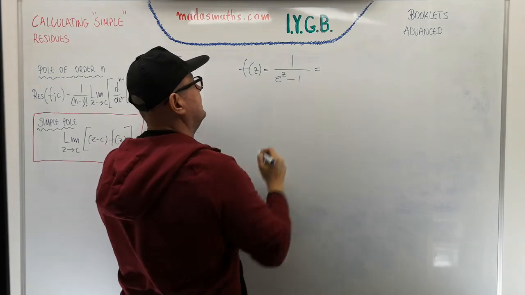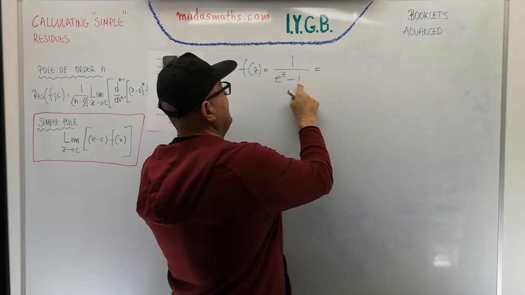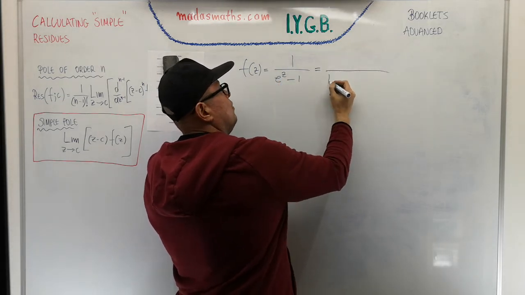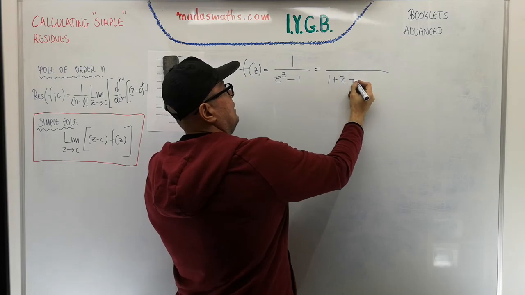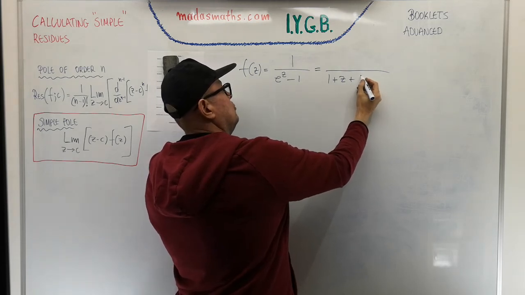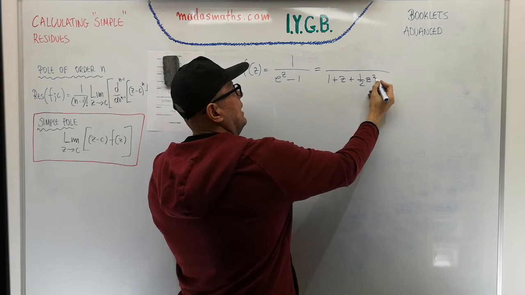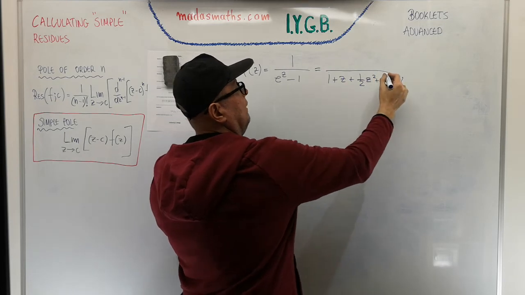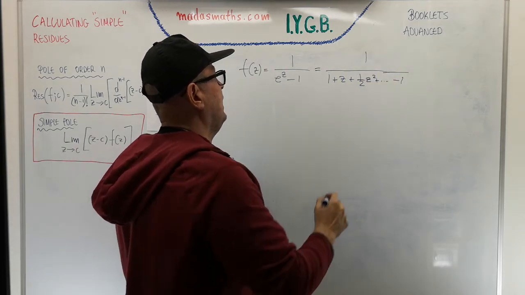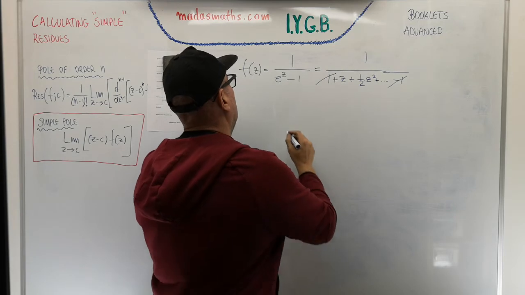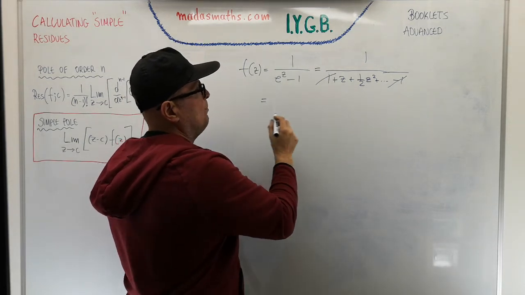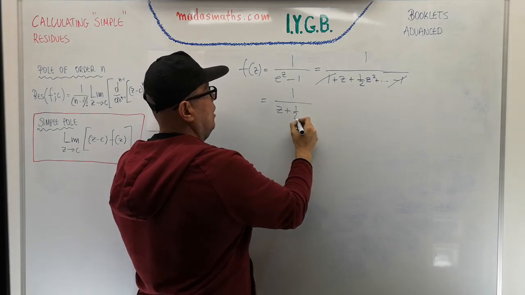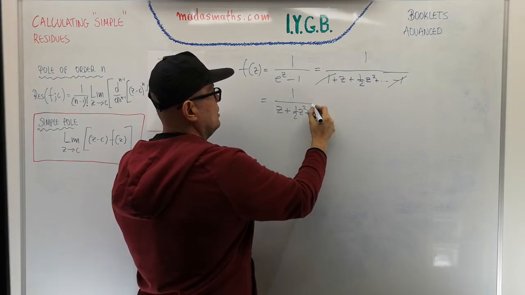I'm going to write this as, first of all, I'm going to cancel the 1s: 1 from the exponential expansion, so 1 plus z plus z squared over 2 factorial, so a half z squared plus dot dot dot, and then I have the minus 1, 1 over, and this will cancel the ones. So it's going to give me 1 over z plus a half z squared plus higher order terms.